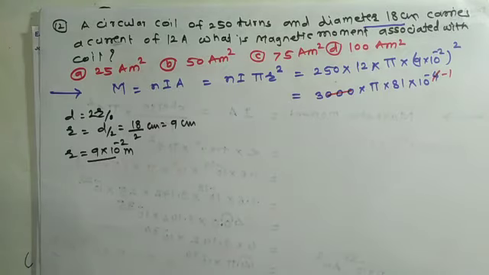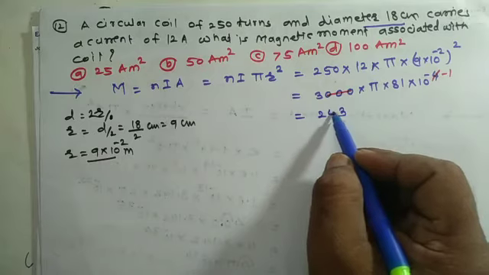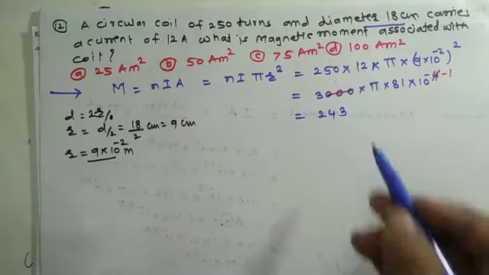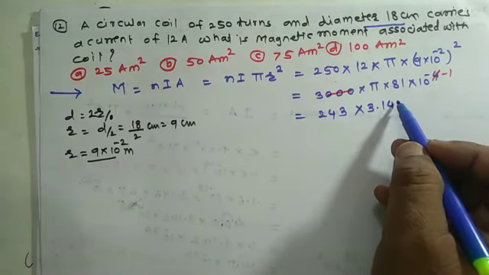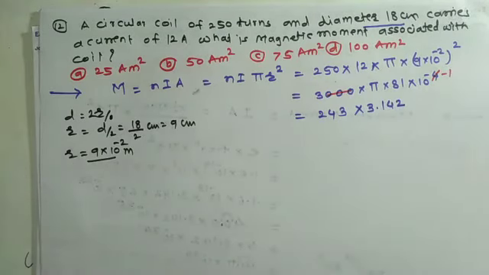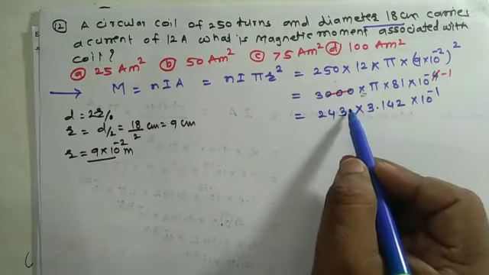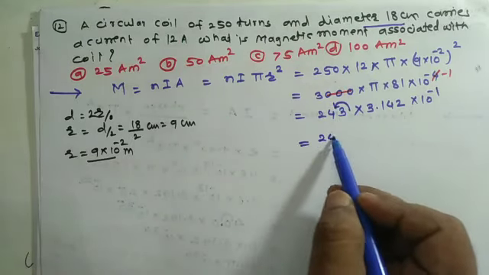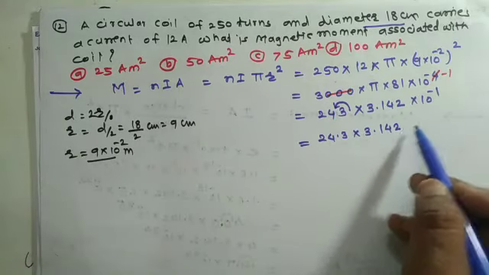So multiply 81 into 3, that is 243 multiplied by 3.142, multiplied by 10 raised to minus 1. If this decimal point is shifted here, it becomes 24.3 multiplied by 3.142.